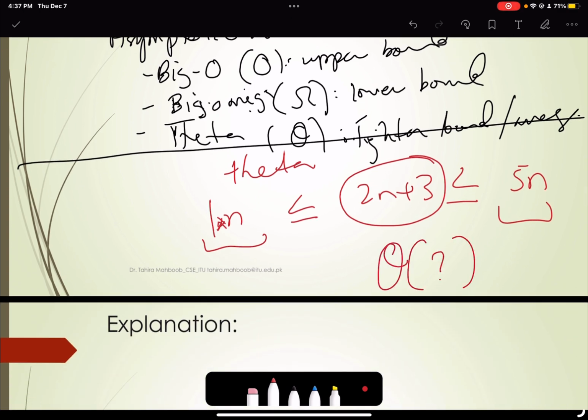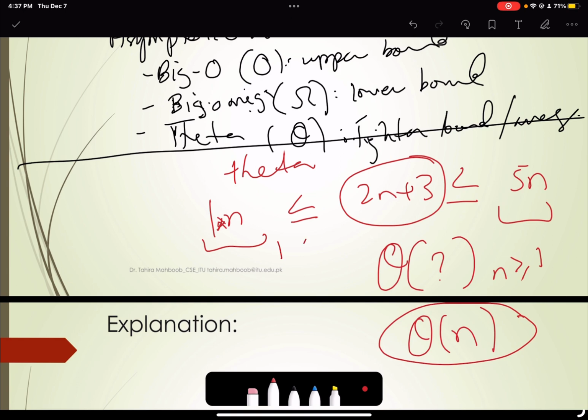So what is your theta value? So if we put 1, for n greater than or equal to 1, if we consider theta n, it holds true. So 1 is less than 5, which is less than or equal to 5, so it holds true.